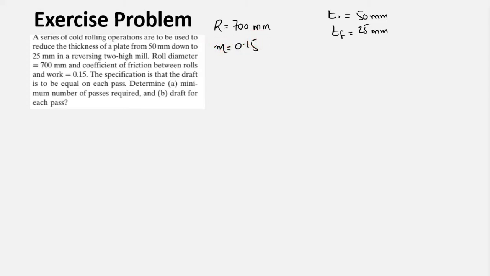The specification is that the draft is to be equal on each pass. Determine the minimum number of passes required and the draft for each pass.